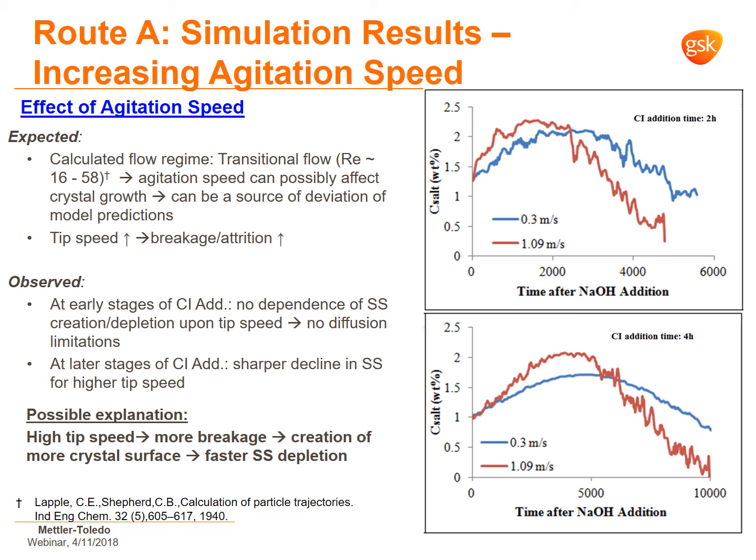So because you have more breakage at higher tip speed, you'll have faster depletion of the concentration and supersaturation. Similarly, with the salt concentration over 4 hours, you see essentially a similar effect with a higher tip speed or higher agitation rate compared to the lower agitation rate at later stages.